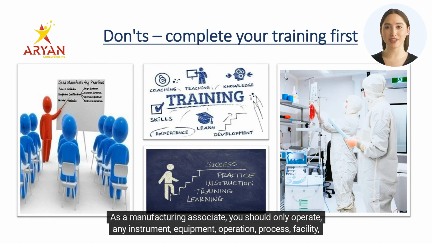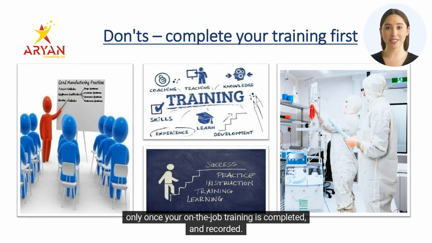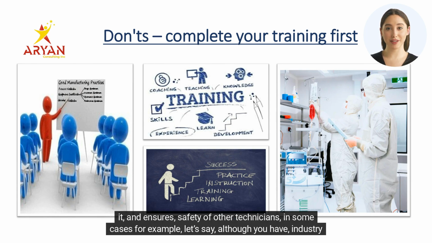As a manufacturing associate, you should only operate any instrument, equipment, operation, process, or facility once your on-the-job training is completed and recorded. This ensures that you are properly trained on a process or equipment before actually operating it, and ensures the safety of other technicians.